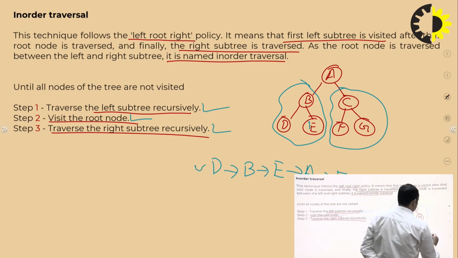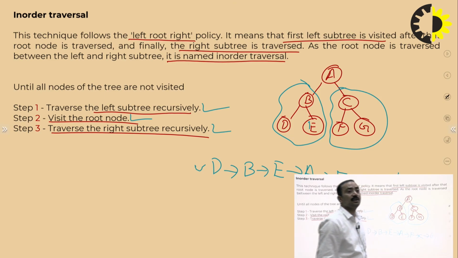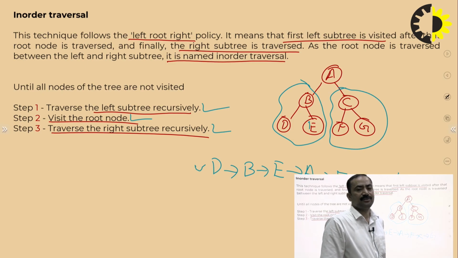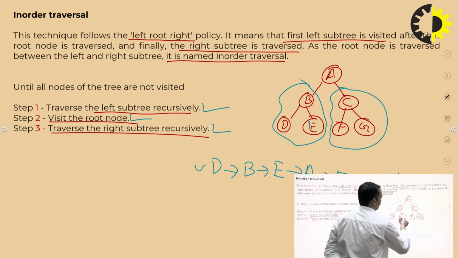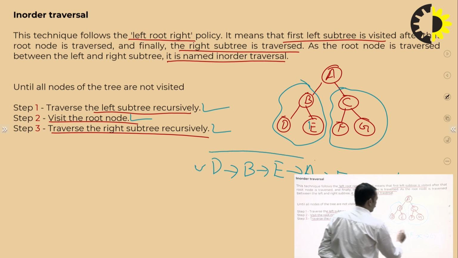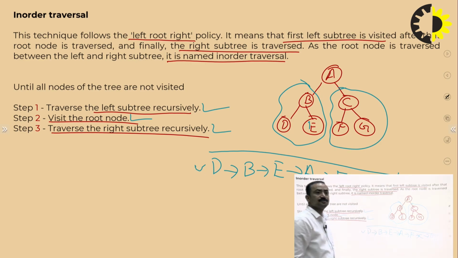Here we have a single leaf node, so we visit G. So we have visited all these 7 nodes here: 1, 2, 3, 4, 5, 6, 7.